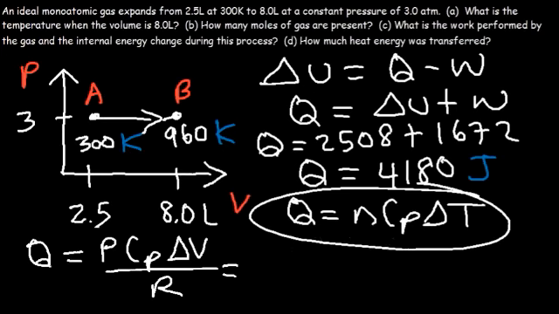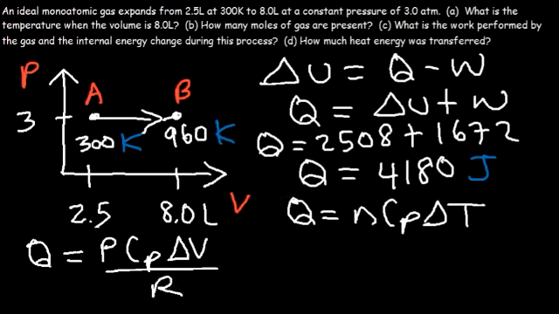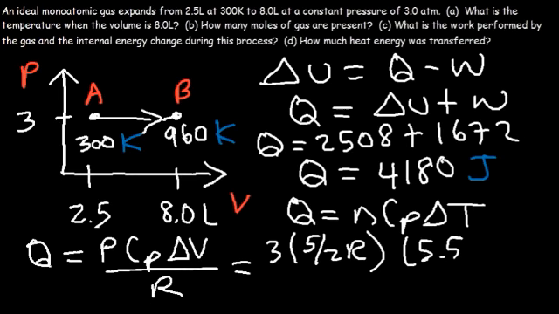Let me get rid of something first, since this is in the way. Now, I really don't have to plug in the R value, because as you can see, R will cancel. So therefore, it's going to be 3 times 2.5, which is 5/2, times 5.5. Now, this answer is in liters times atm, because pressure was in atm and the volume was in liters, so we need to convert it.